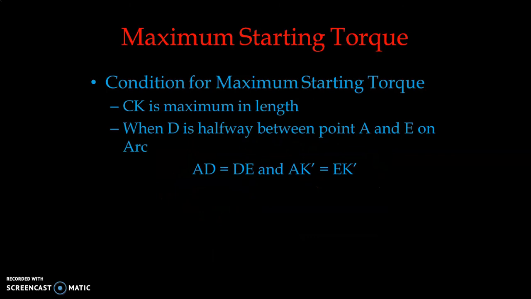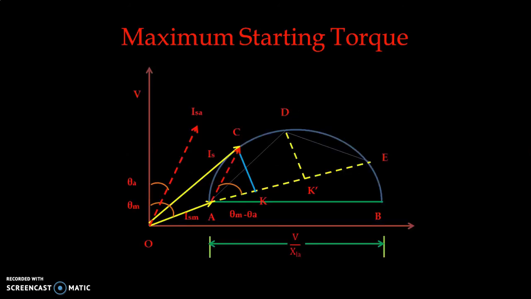So as we discussed earlier, for maximum starting torque CK should be maximum in length. So we have drawn D halfway between point A and E on the arc. So AD is equal to DE. Again, if I go back to our circle diagram, now you can see that AD and DE should be equal.